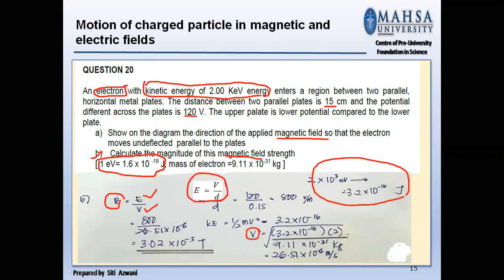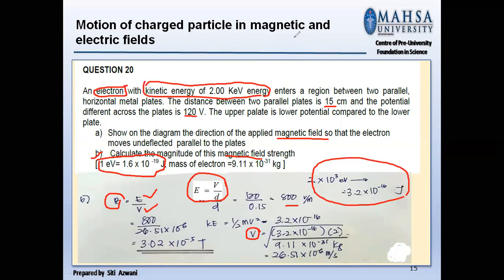You get this value 26.5 times 10 power 6 meter per second, the velocity of your electron. And then here you have the value of your electric field applied on your charged particle, which is 800. Substitute into your formula to get the value of your magnetic field B, which is 3.02 times 10 power negative 5 Tesla. Is it okay or not?